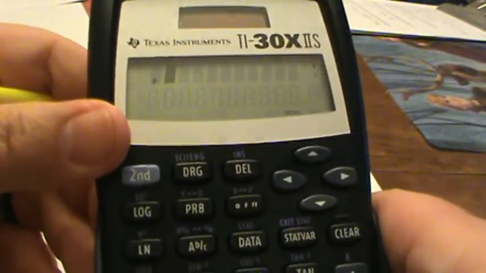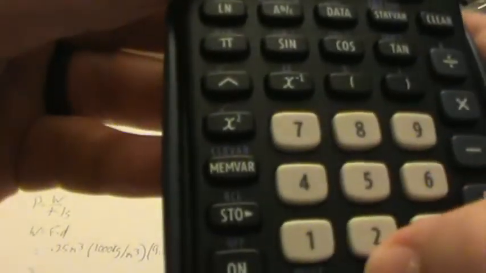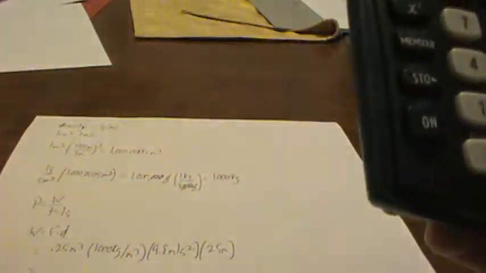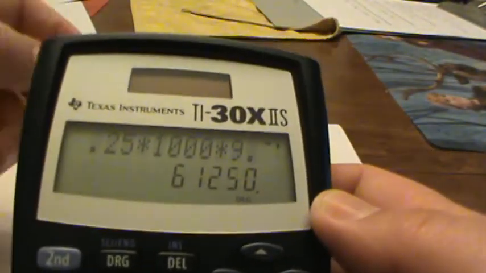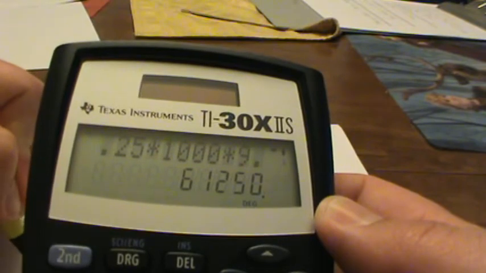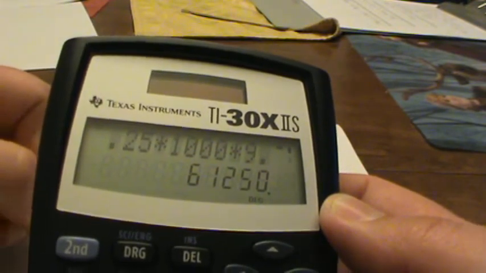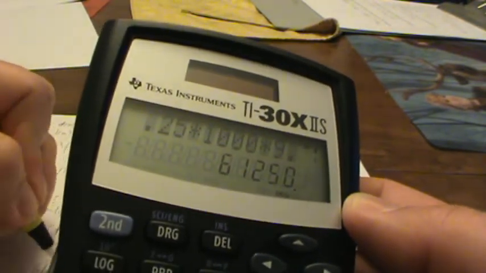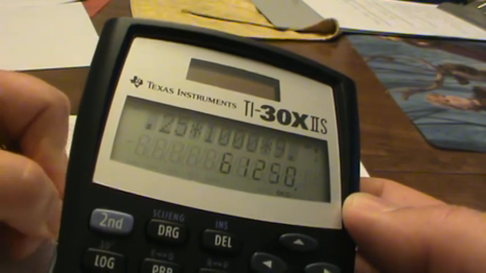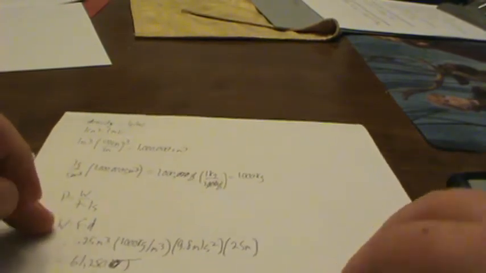Alright, so 0.25 times 1,000 times 9.8 times 25, and we come up with 61,250 joules. Sorry.